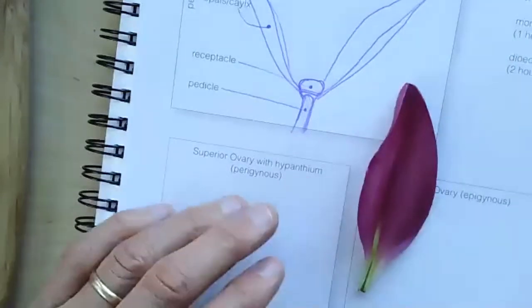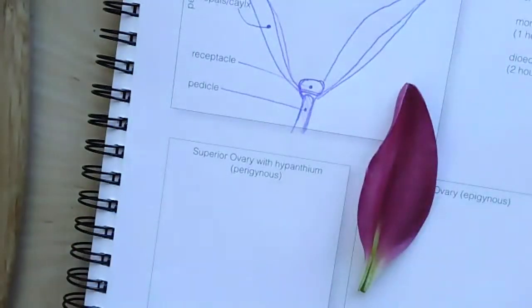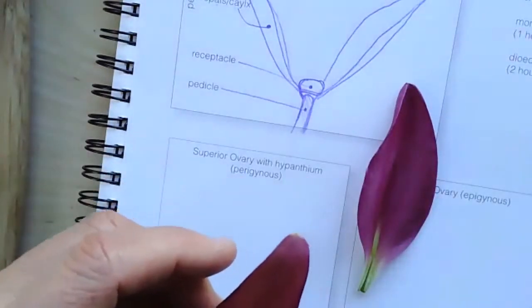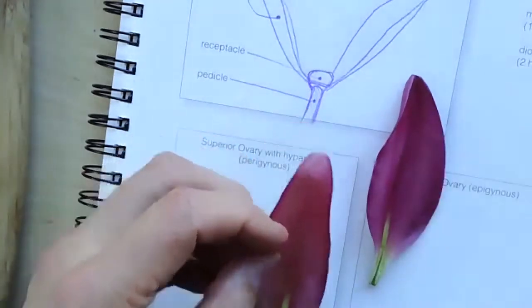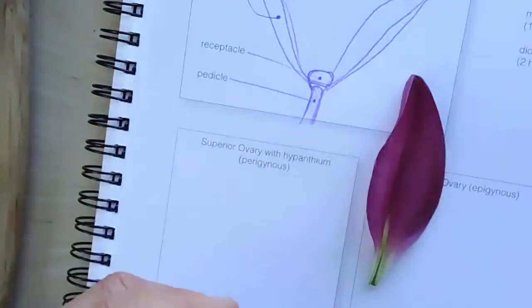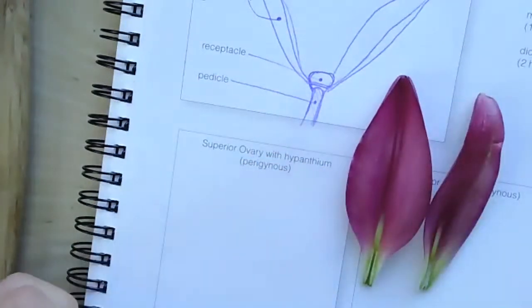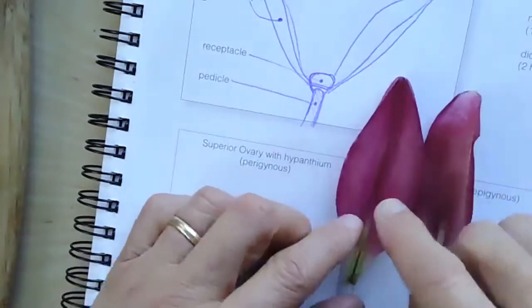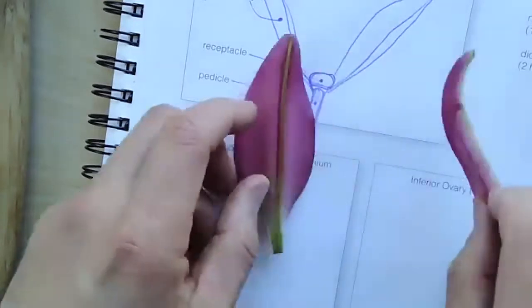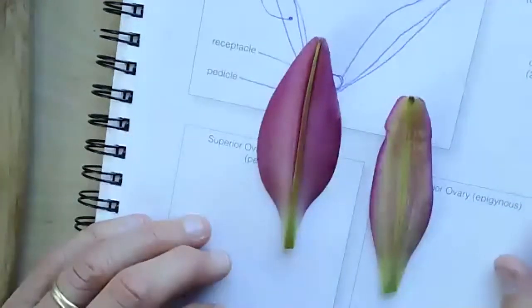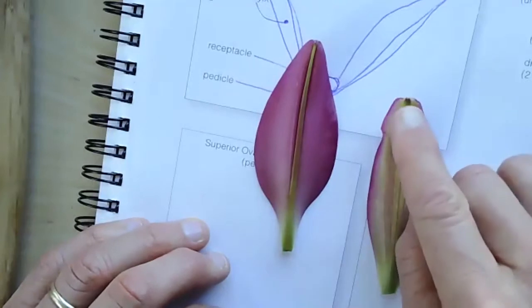And look at how different the sepal is from, oh sorry, so here's a sepal, and here's a petal. Look at how different the sepals are from the petals. This one is so much wider, very different on this back side. There's that big rib.